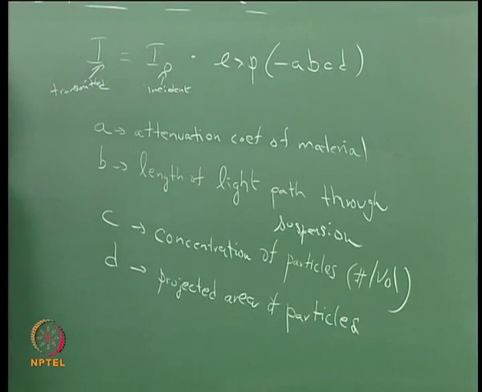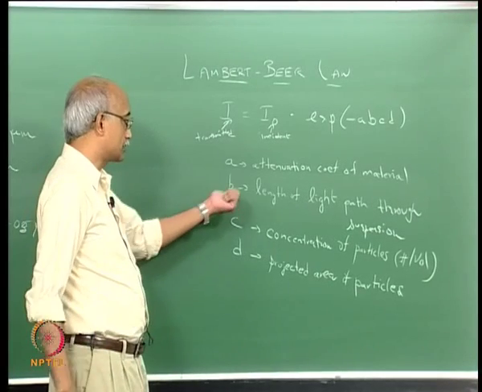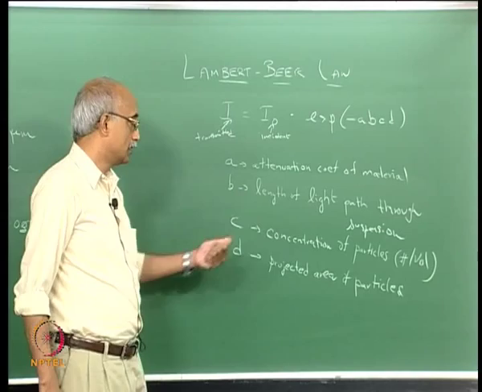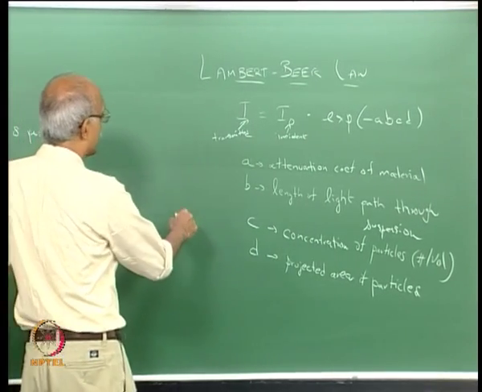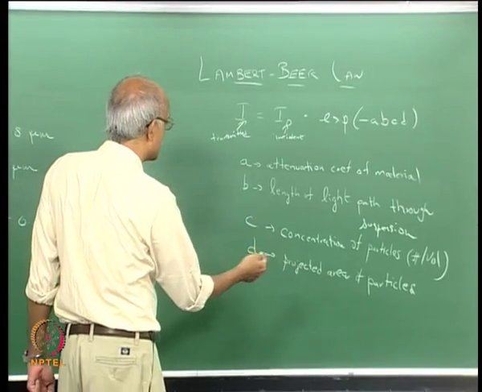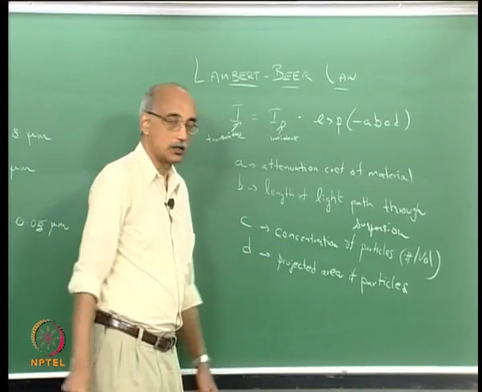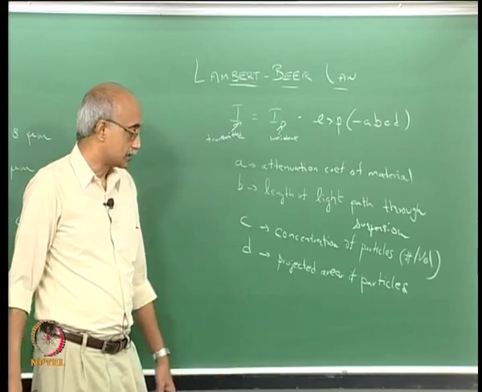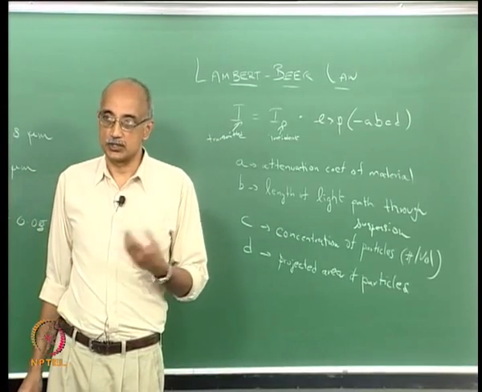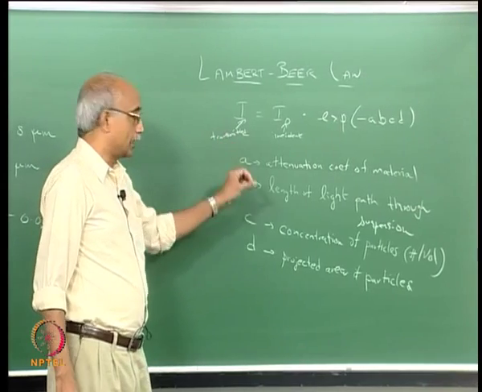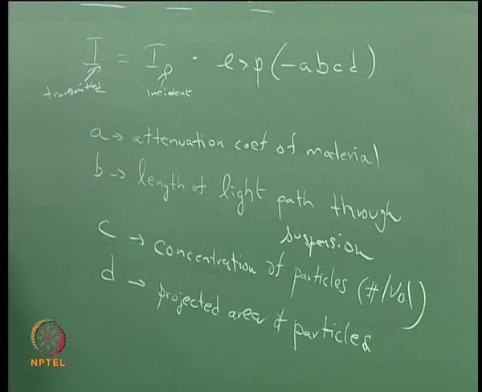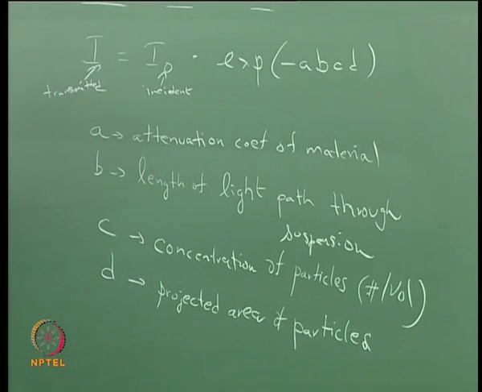So, clearly, as the attenuation coefficient increases, or as the length of the path that needs to be traversed by the light increases, or as the concentration of the particles increases, or as the projected area of the particles in suspension increases, there is more attenuation of the light transmission through the suspension.